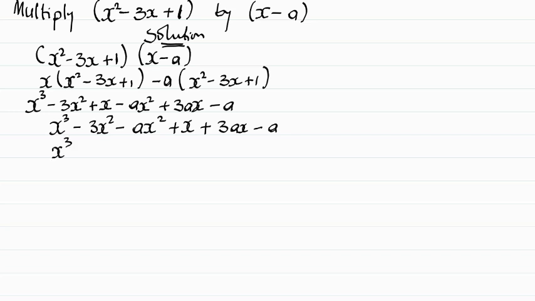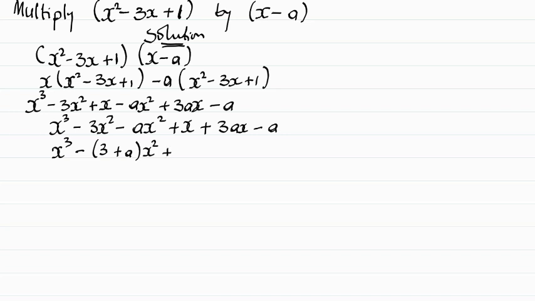This can also be rewritten as x³. We factorize out minus from minus 3x² and minus ax². We also factorize out x² since x² is common to both of them. So we have minus (3 + a)x². Now on this other side of our equation, we have x and we have plus 3ax, so we can decide to factorize out x.